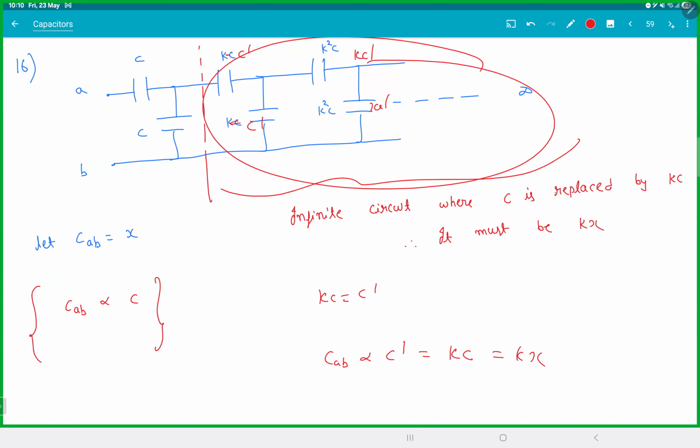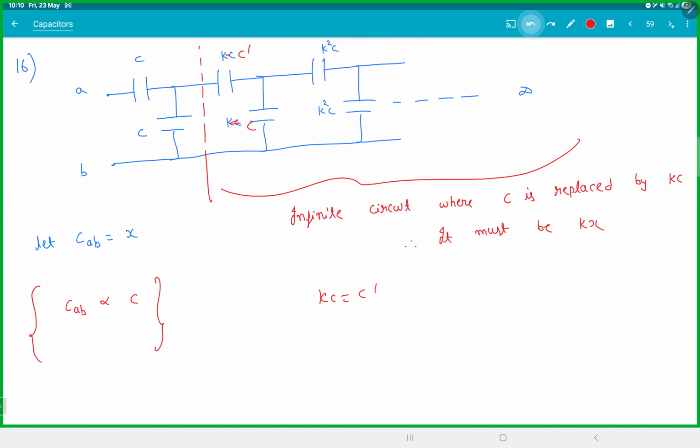Therefore, this is KX, isn't it? Is the logic understood? C was simply replaced with KC. So your final answer, instead of X, must be KX. That is the catch in this thing. So if you replace that with K there, the whole thing becomes KX. And then you're done. Redraw the circuit again. So we have C here, we have C here, and this whole infinite grid that you replaced will be KX.